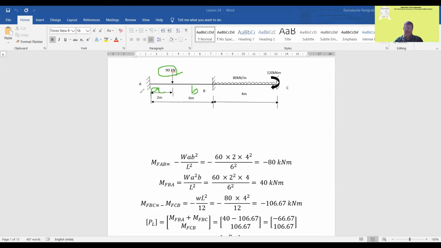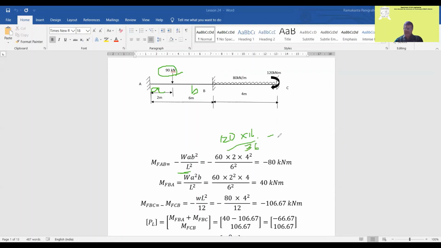So the fixed end moment at A will be minus W a b square by L square. Put the values: W is 90. Let us check: 180 into 16 by 36.